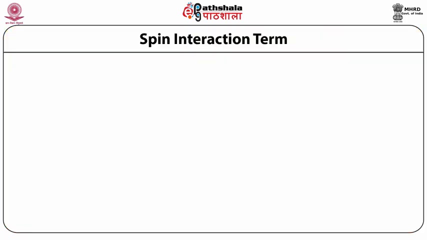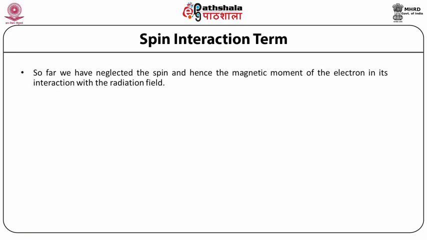Before discussing the other parts, first we will consider the higher order interactions. The first one is the spin interaction term. So far we have neglected the spin and hence the magnetic moment of the electron in its interaction with the radiation field.